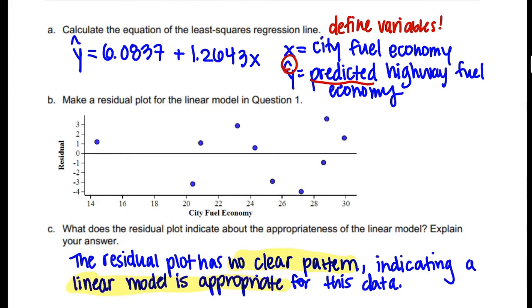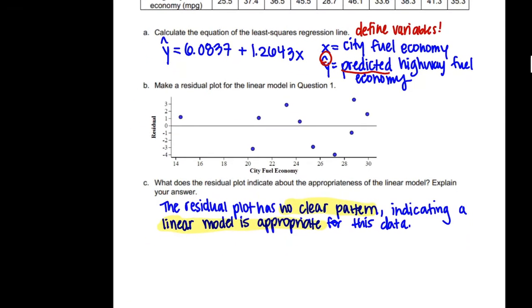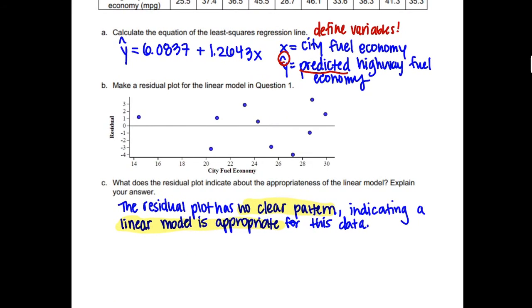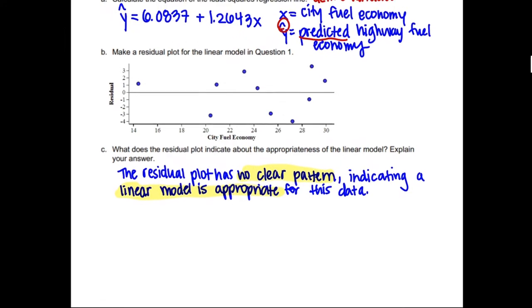So remember that rule that we learned. And then a clear pattern would look like any number of things. So I'll just make sure you guys see what one looks like.